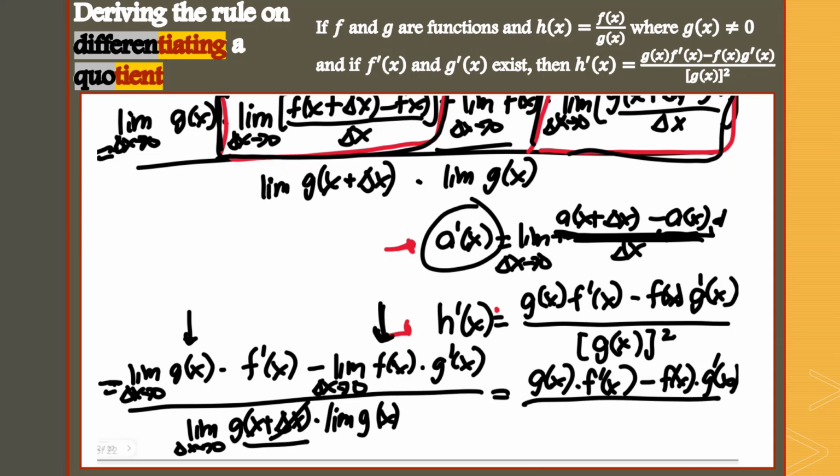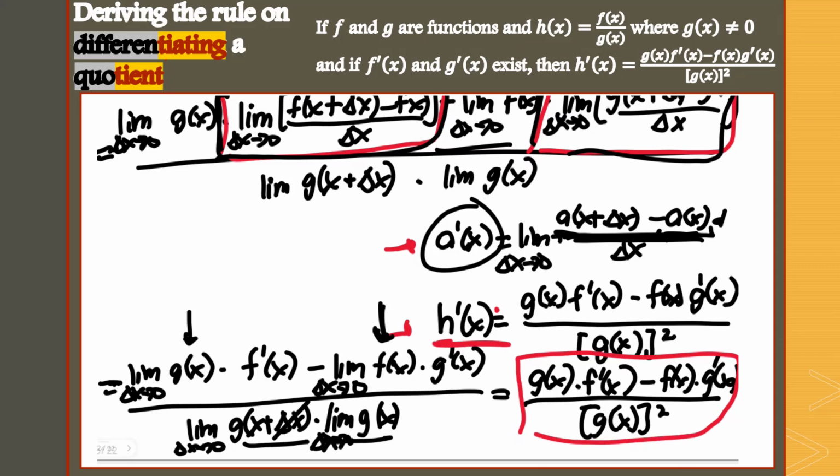That's actually g of x, and the limit of this as delta x approaches 0 is also g of x. We have two g of x's here, so we can simply combine them. Hopefully it's clear. We can combine them as the square of g of x. This is finally the intended goal of our h of x.